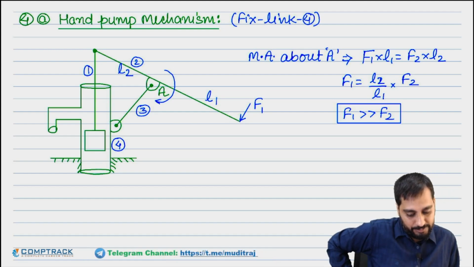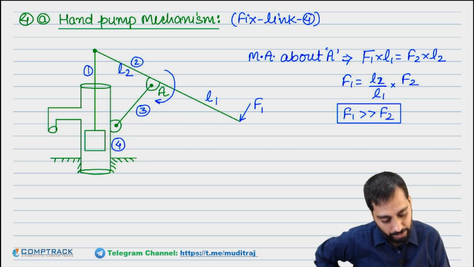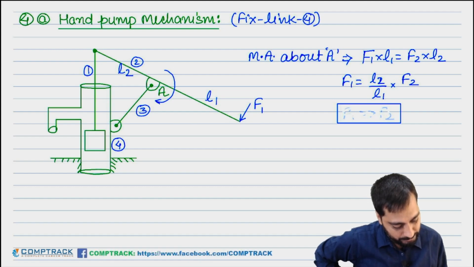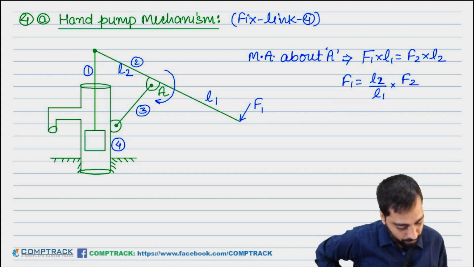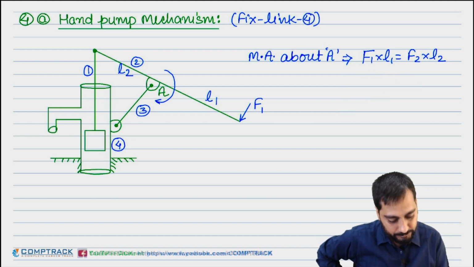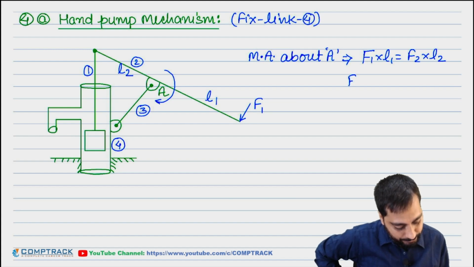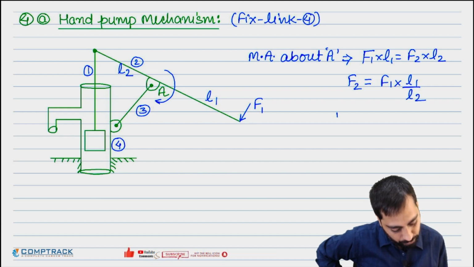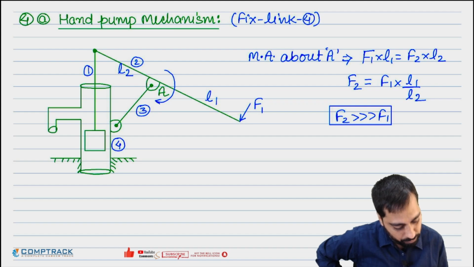If F1 is the input, then F2 will be the output. F2 होगा ना output, yes, F2 will be our output, not F1. F2 is the output, so F2 will be equal to F1 L1 by L2, so F2 will be more than F1, yes or no, because your L1 is more.